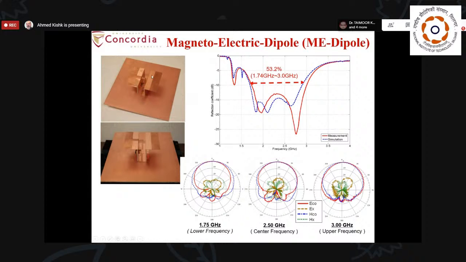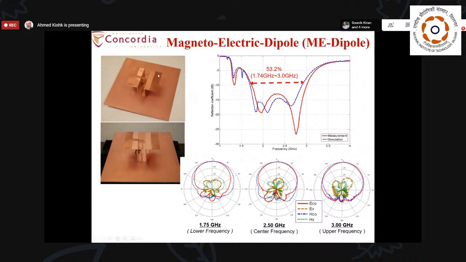If I have a lambda over 4 plate and another lambda over 4 plate, separated with a gap, and I excite it, this is acting as a dipole of two arms with the excitation in the middle. The conductor can be very thin, like a thin wire, and the gap in between has the length of the wire diameter.